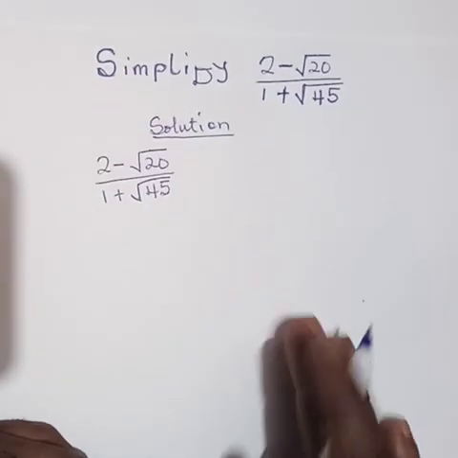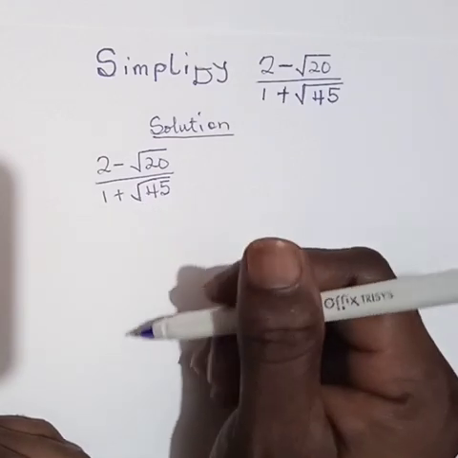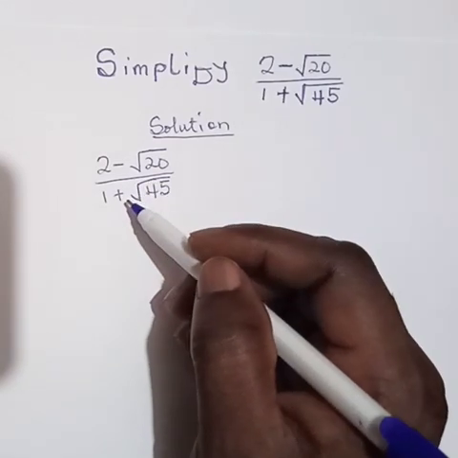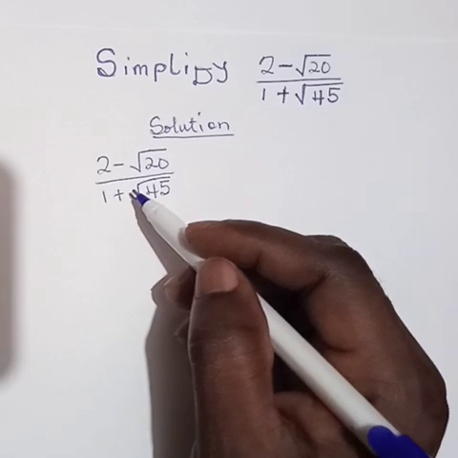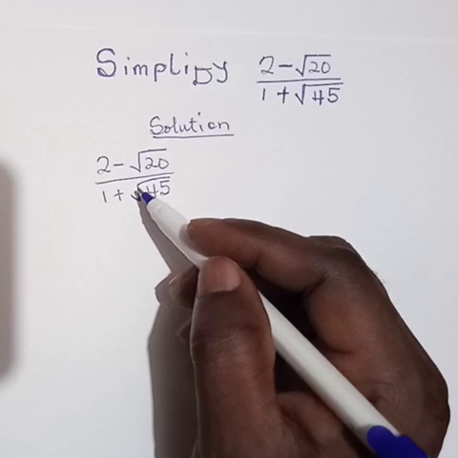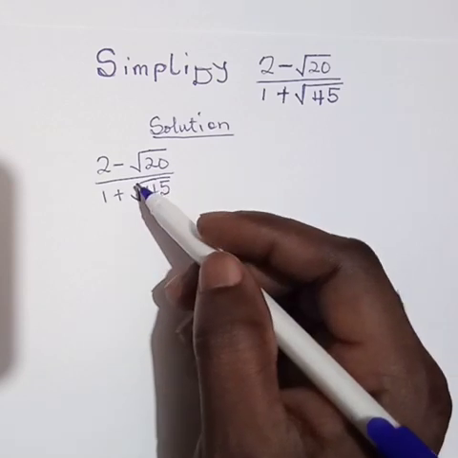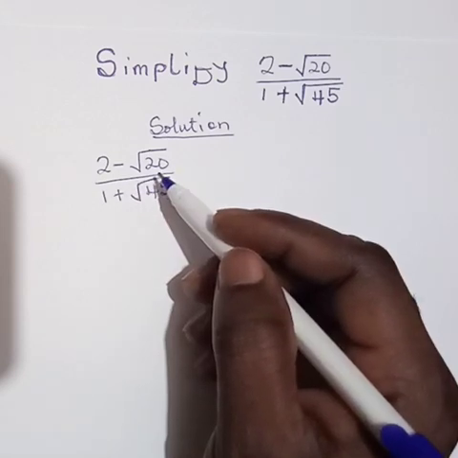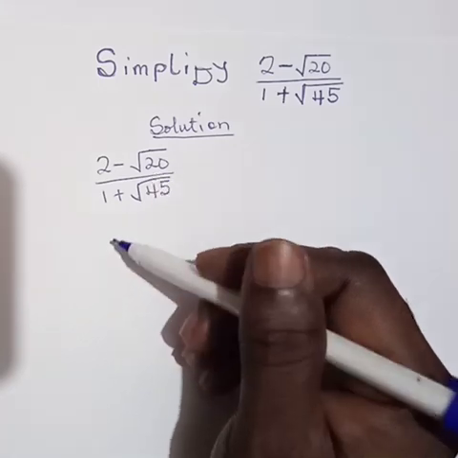For this question, you have to rationalize. So we are going to use the method of rationalization. We're going to look at how we can rationalize this, in case you meet such questions in your exam, you will be able to answer it.